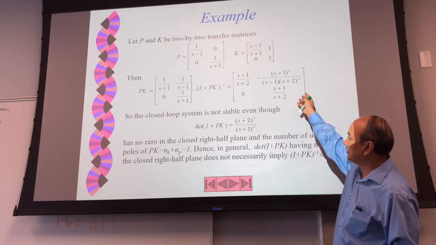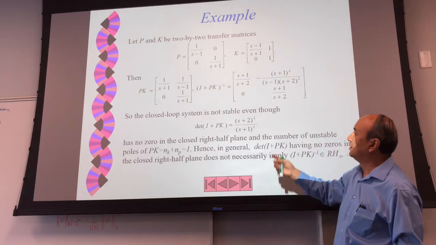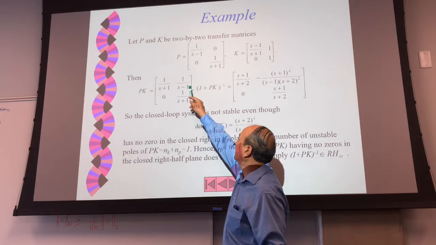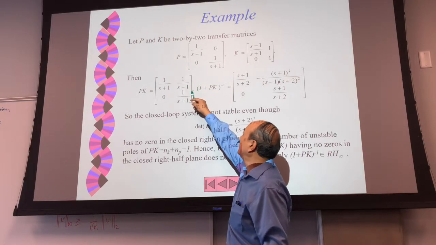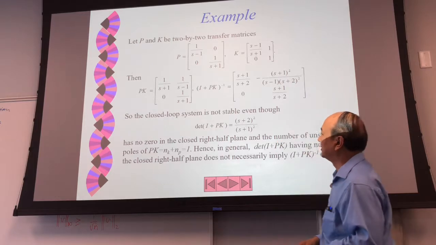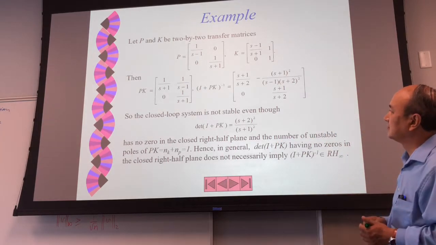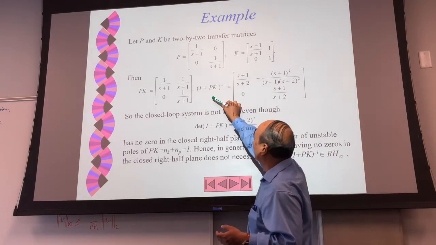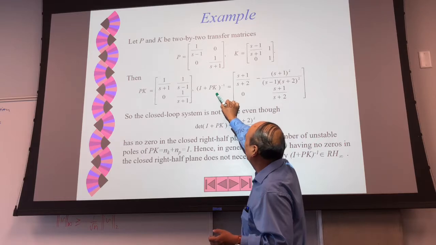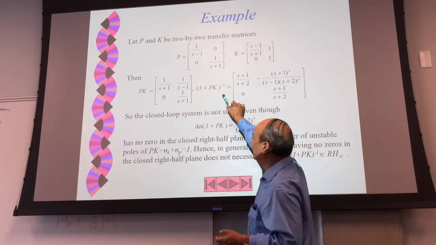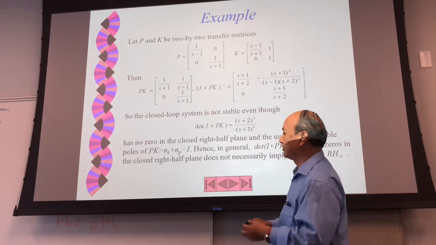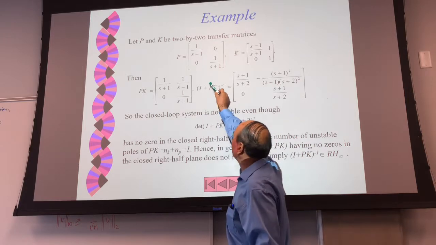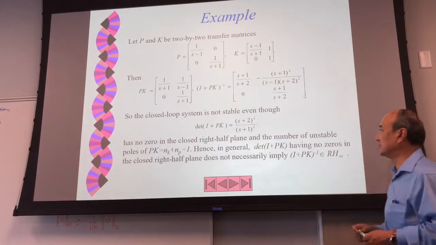So the whole thing is not stable, because you have a transfer function. If you put PK in here, you have a closed loop transfer function, right? PK over 1 plus PK is your closed loop transfer function. Then for 1 over 1 plus PK, in the MIMO case, you have to talk about the matrix inverse.